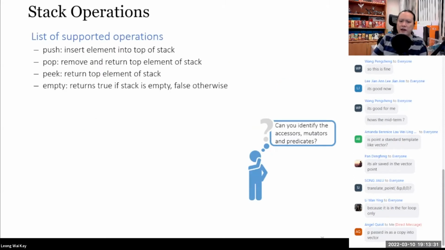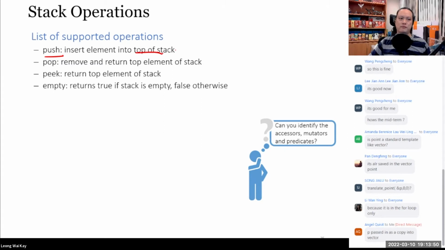Now, what are the operations a stack can support? Besides the constructor, you need to find a way to initialize a stack, so an empty stack is created. You need to push an element onto the top of the stack.